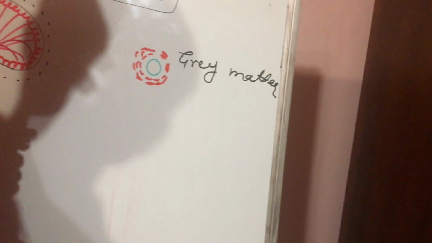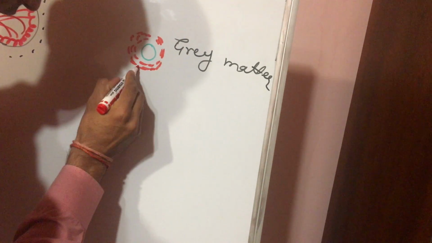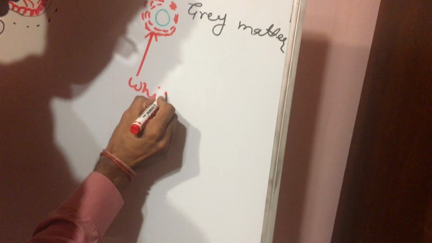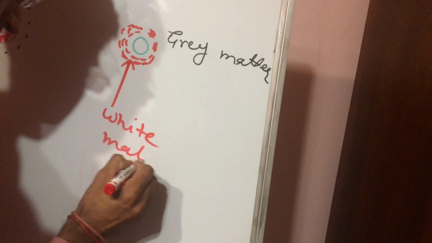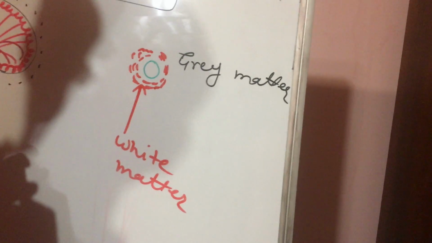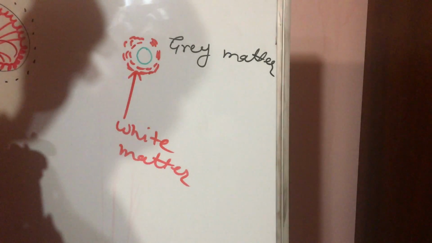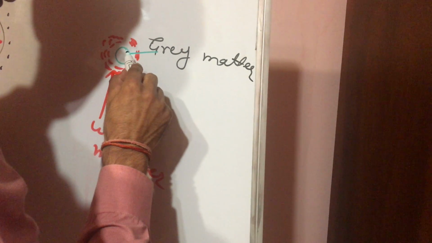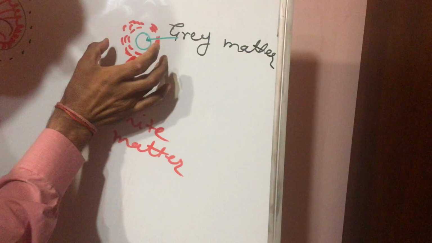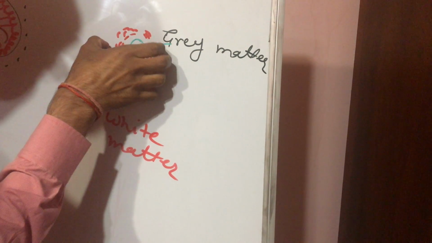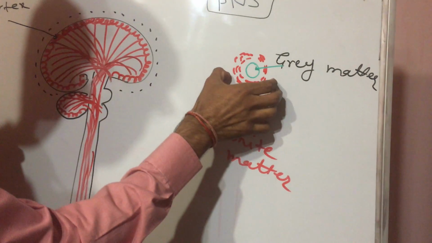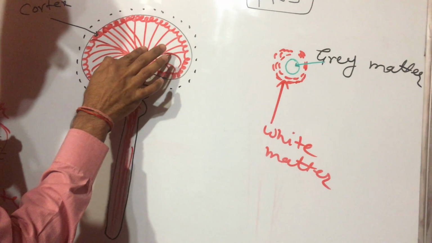The red is the white matter, and green is the gray matter. So I put this gray matter and white matter together in the brain.